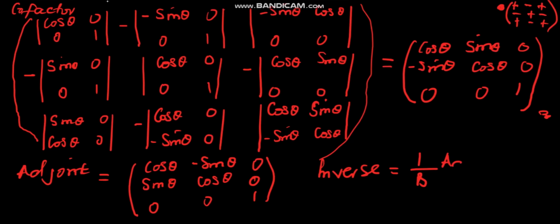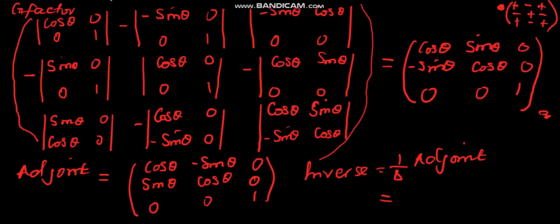Since our determinant here is 1, the inverse of a matrix, we know, is simply equal to 1 over the determinant multiplied by the adjoint of the matrix, so 1 over 1 is just going to be 1.